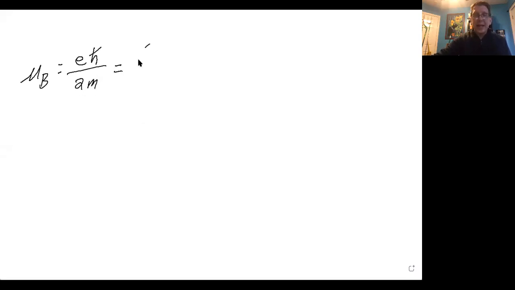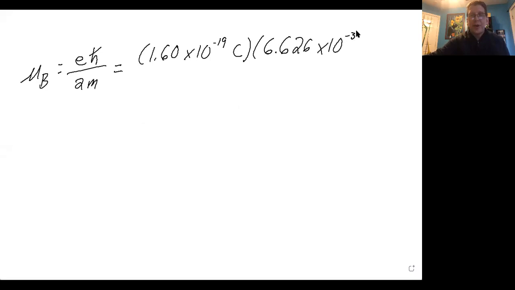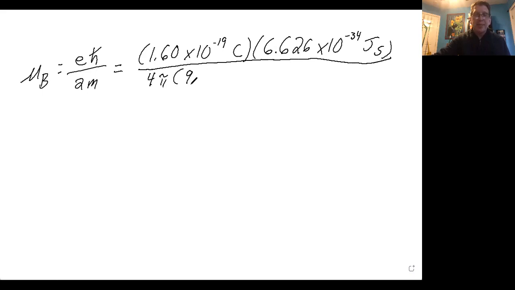So we can write that as e times h bar, which is 6.626 times 10 to the negative 34 joule seconds, and then we're dividing by 2 pi and then dividing by 2 here. So we have 4 pi in the denominator and 9.11 times 10 to the negative 31 kilograms.